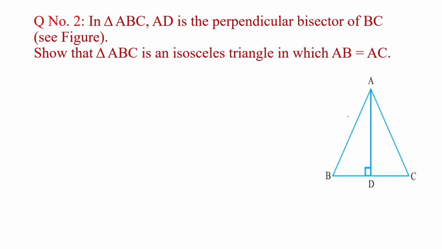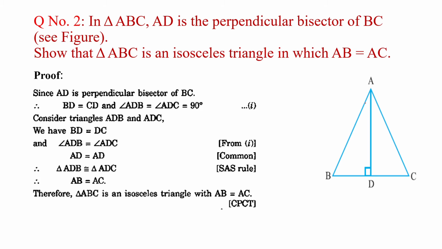Now, question number 2. In triangle ABC, AD is the perpendicular bisector of BC. Figure is given. Show that triangle ABC is an isosceles triangle with AB equal to AC. Here it is given ABC is a triangle and AD is the perpendicular bisector of BC.